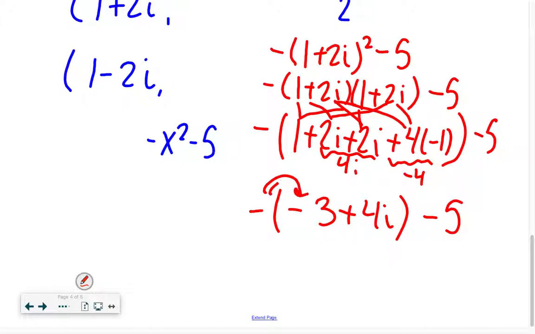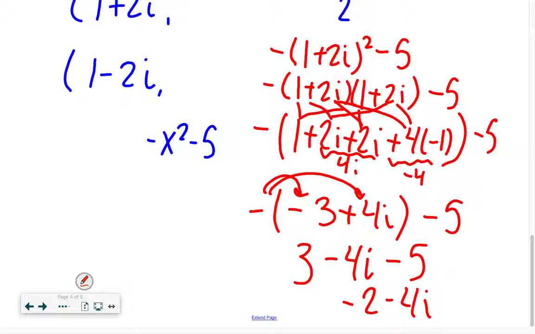Distribute it. So this negative 3 becomes positive 3, my positive 4i becomes minus 4i, then I have my minus 5. What's 3 minus 5? Negative 2. Negative 2 minus 4i is my y.